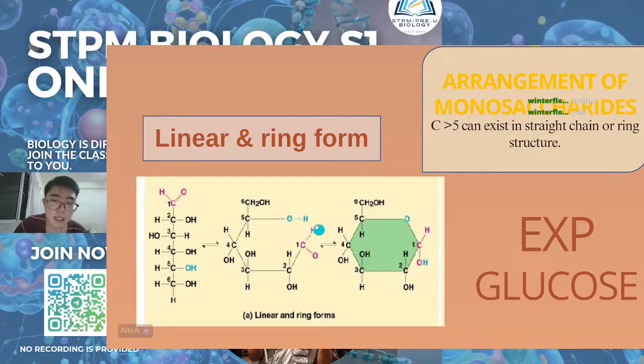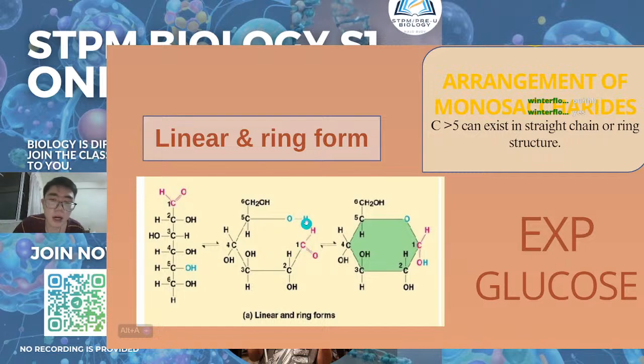C number 1 has the carbonyl group and a hydrogen atom, so C number 1 will be modified. The real mechanism, actually you don't need to know. It will be modified with the hydroxyl group from C number 5, and the oxygen atom of C number 5 will directly bond to C number 1.